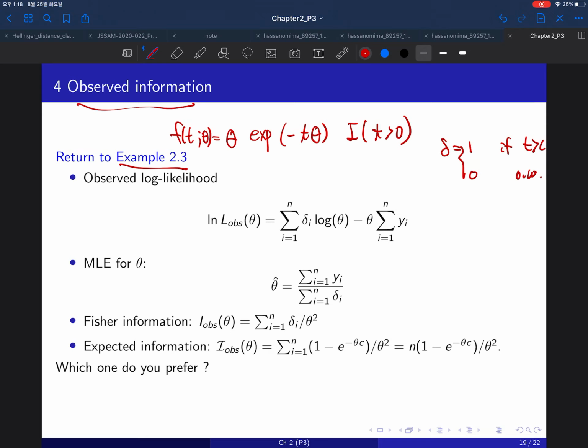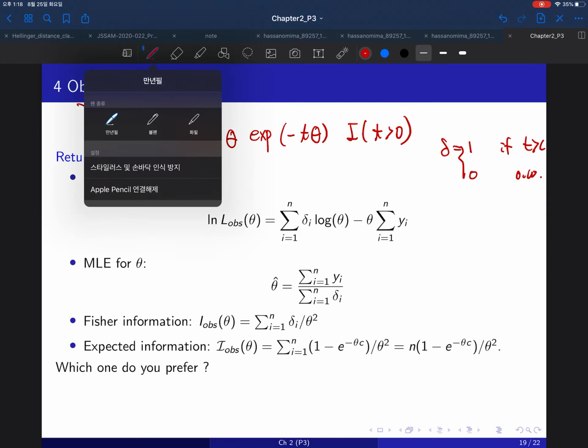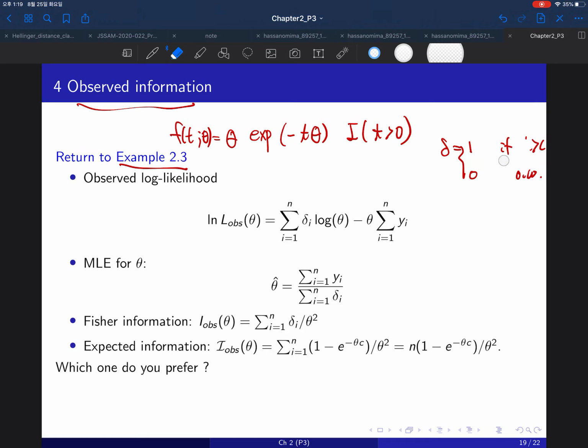Actually, t is less than, sorry, the other way. So if t is less than c, then we observe original t. Otherwise, we set it as censored.